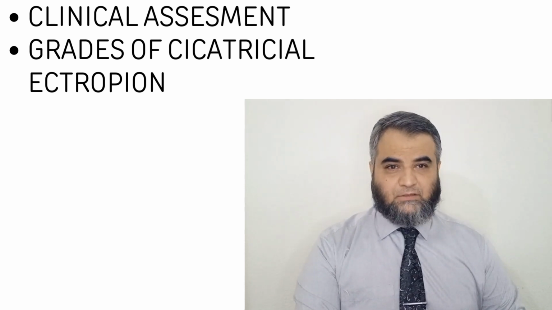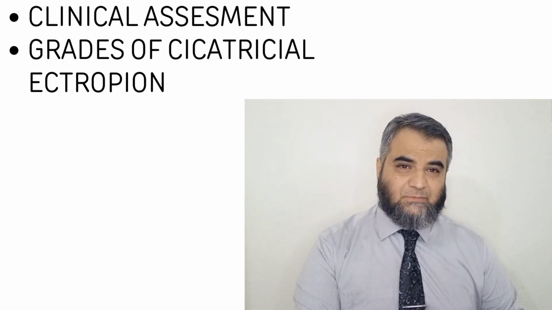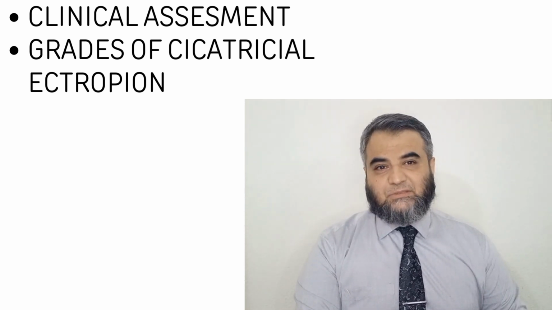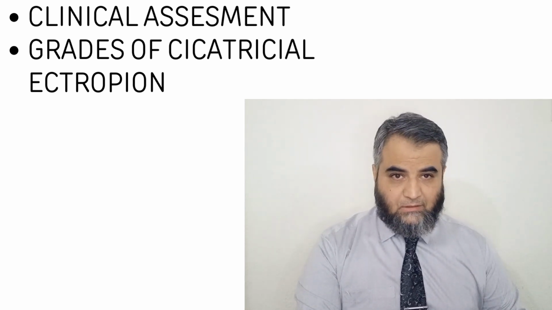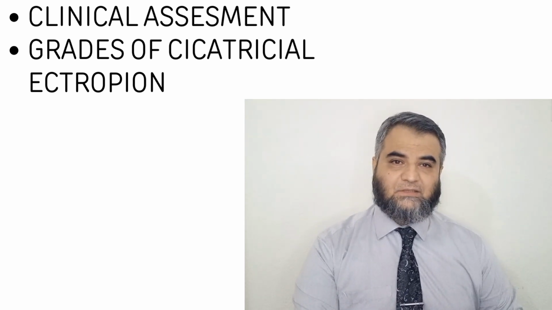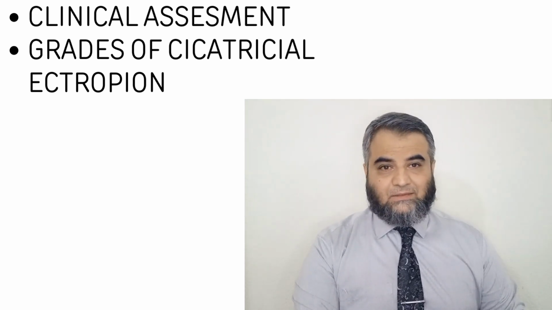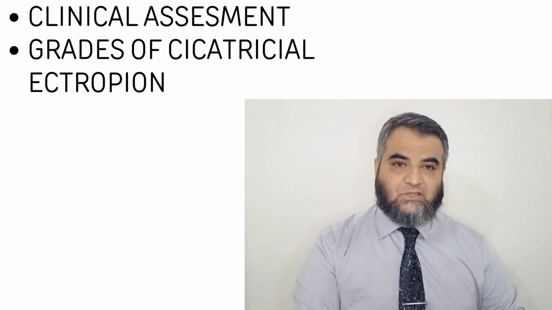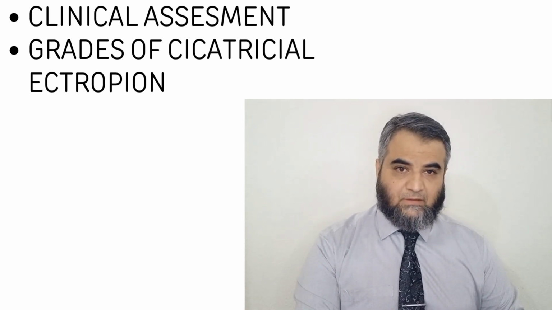If only the punctum is displaced or some part of the lid margin is displaced, we can say it is grade 1. If the whole lid margin is displaced, not part, this is grade 2. Then there comes grade 3, in which the palpebral conjunctiva is visible.